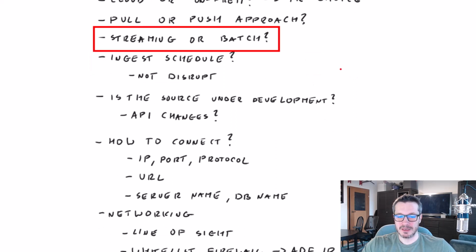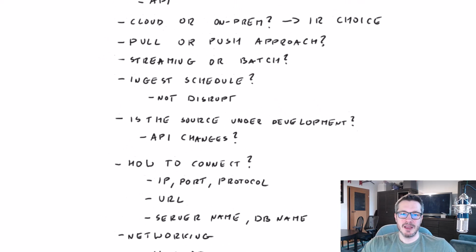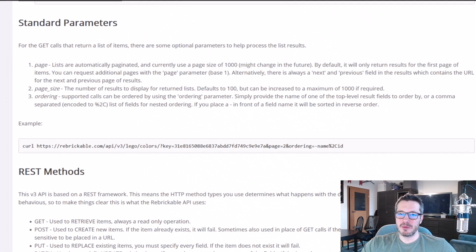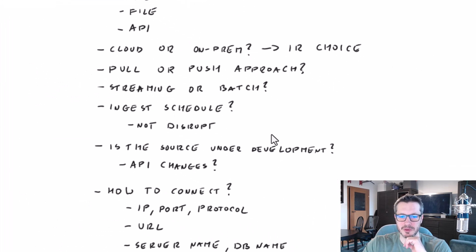Then, is it a streaming approach or batch processing? In the case of this Rebrickable API, it is obviously batch processing because we'll be connecting to it, let's say once a day, and we'll get the data of all those minifigs. So it is batch processing for sure.